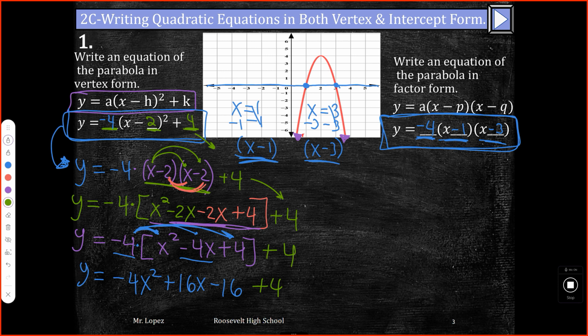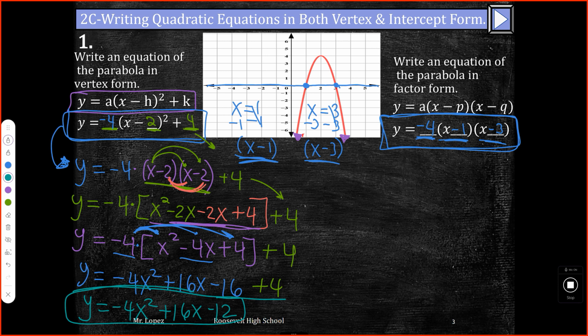Now we're just going to simplify, and that will be our final answer. So this is going to be y equals -4x squared plus 16x, and then here we got -12. So this is the expanded form of the vertex form, which is called standard form of a quadratic.